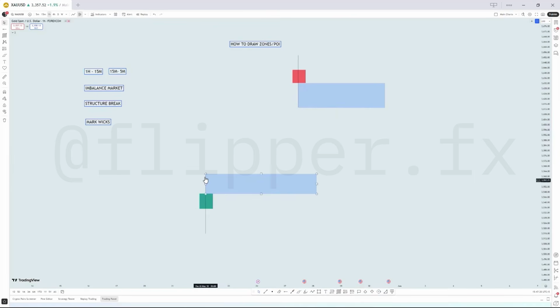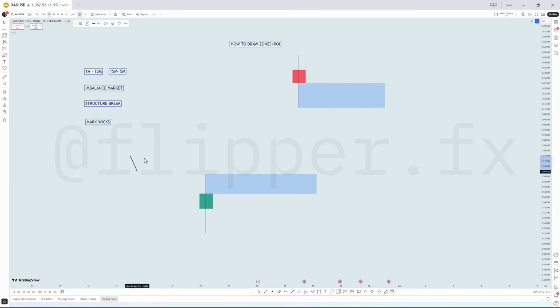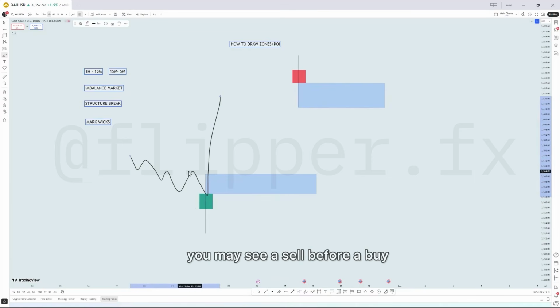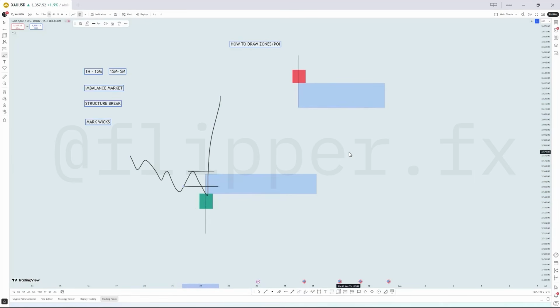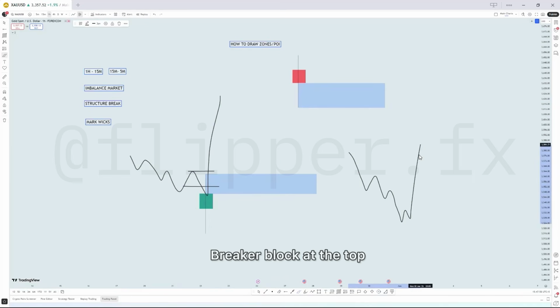Sometimes there can also be a breaker block. Now, what's the difference between an order block and a breaker block? If the market moves like this, you may see a sell before a buy, but a breaker block is the last leg, the last structure point. We usually find a breaker block at the top.